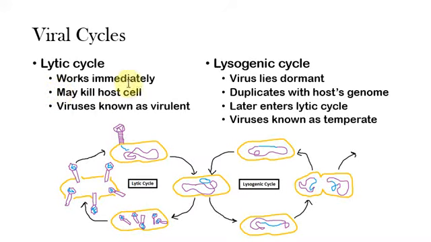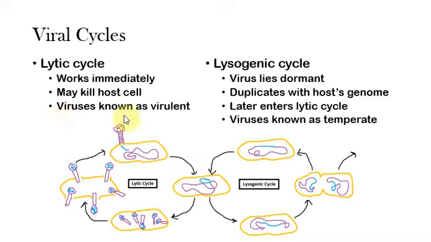In the lytic cycle, that will work immediately. It'll right off the bat start copying that genome, start producing that genome's proteins, and the bacteria cell will start to break down and eventually lyse.